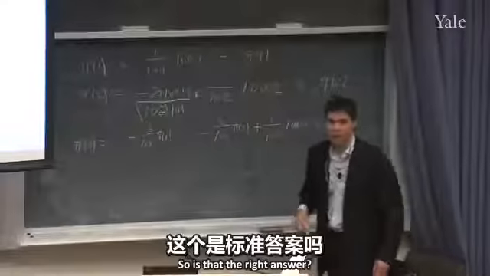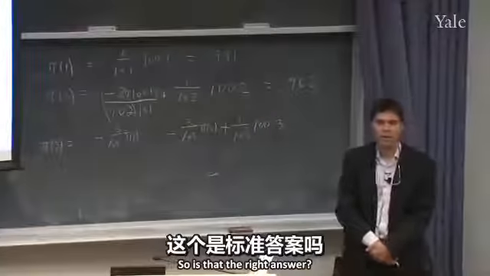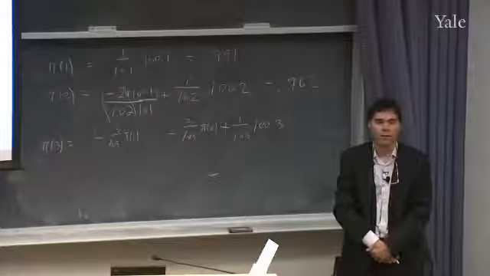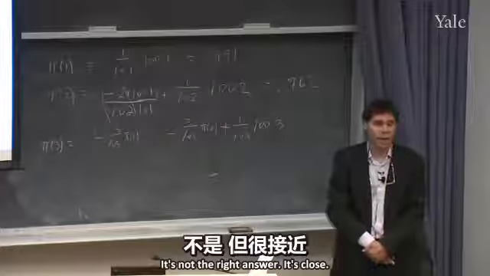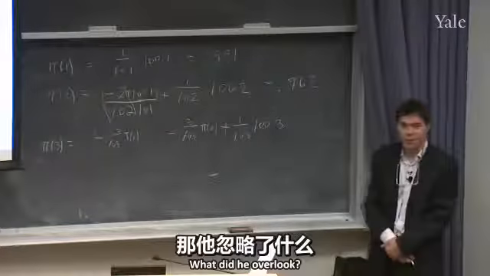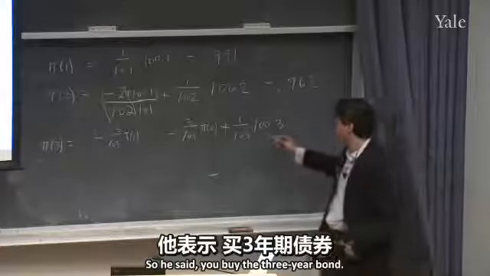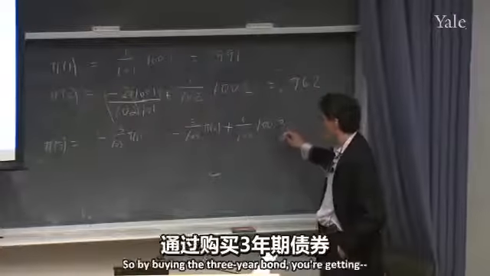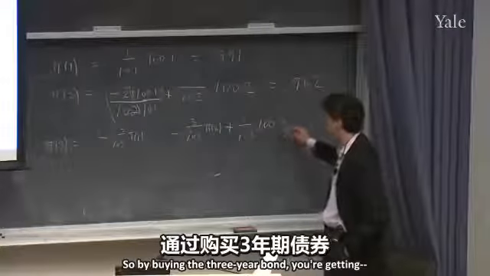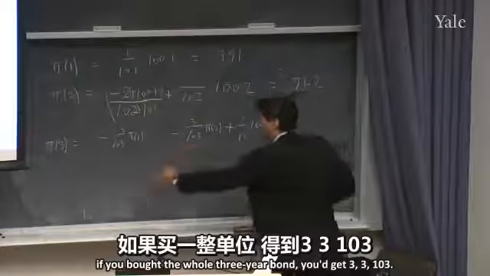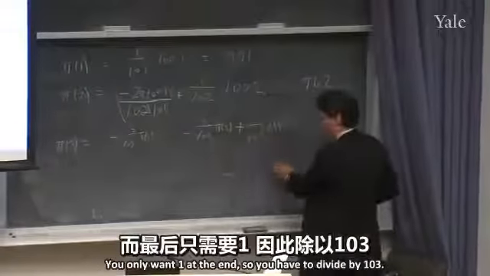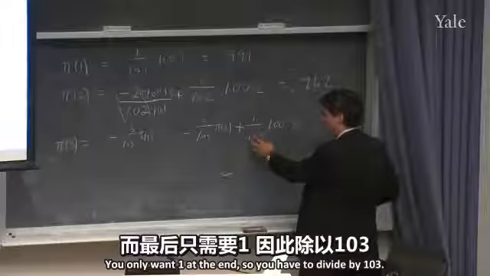So is that the right answer? It's not the right answer, but it's close. So what did he overlook? So he said, you buy the 3-year bond. By buying the whole 3-year bond, you get 3, 3, 103. You only want 1 at the end, so you have to divide by 103.